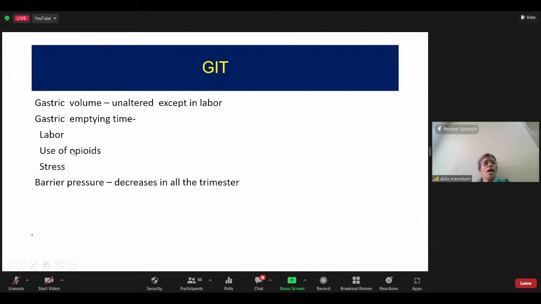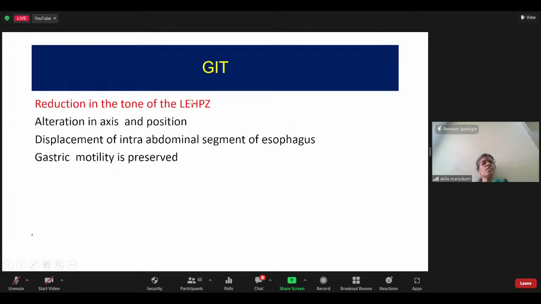And there is a pressure across the lower esophageal sphincter and the stomach, which is often called the barrier pressure. This is the area where there is a high pressure zone at the lower end of the esophagus. Routinely, this pressure is maintained because of the pinch valve mechanism of the intra-abdominal part of your esophagus.